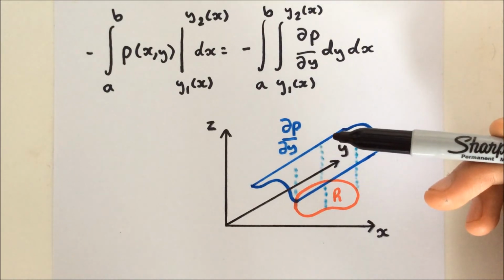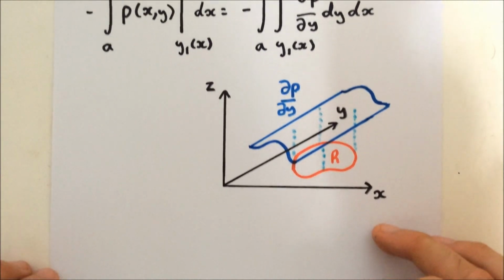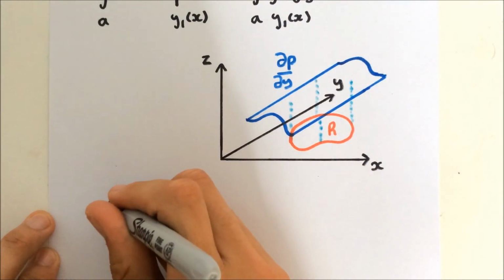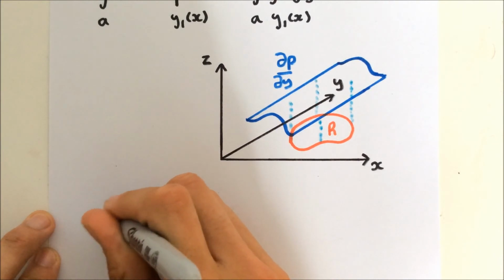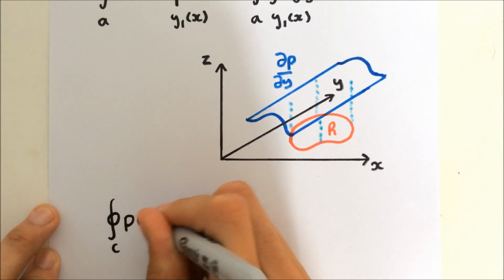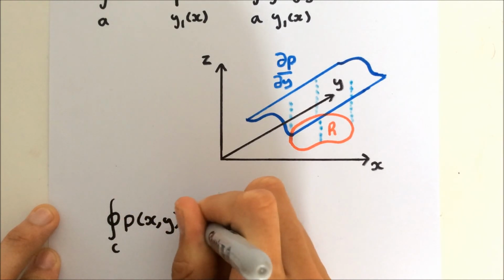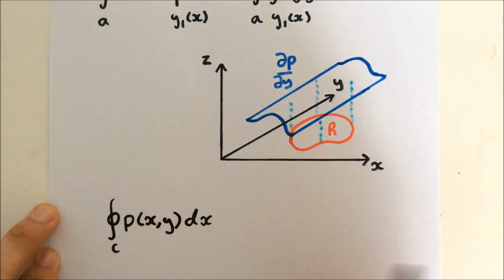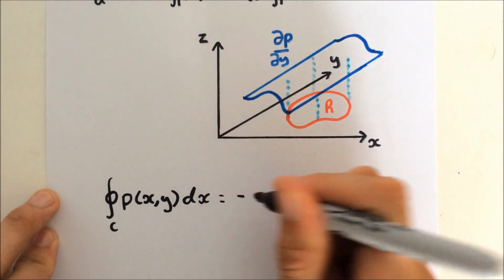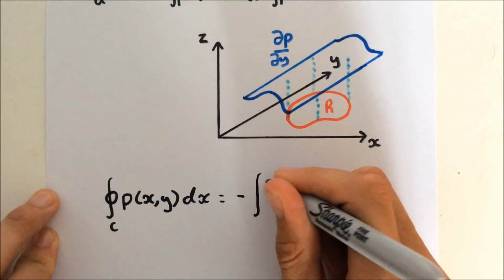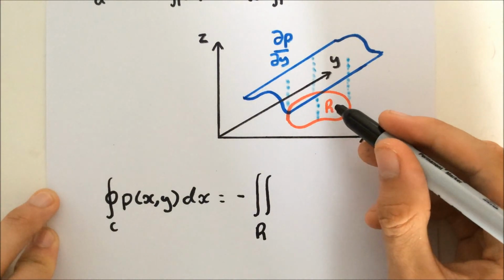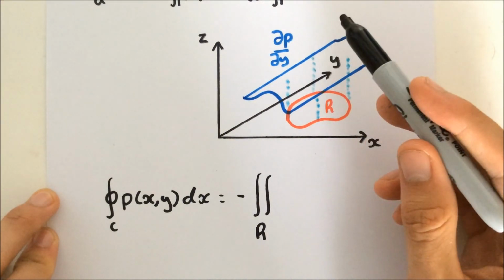So basically, what we've established is that the line integral we had earlier, okay, that was the integral of p of xy, okay, dx, along our curve C is equal to negative the double integral over our region R. Okay, R is defined by y1 and y2, a and b.